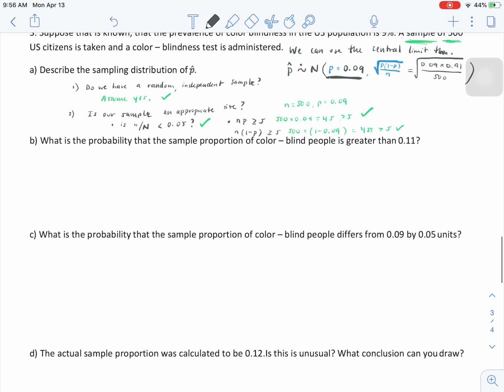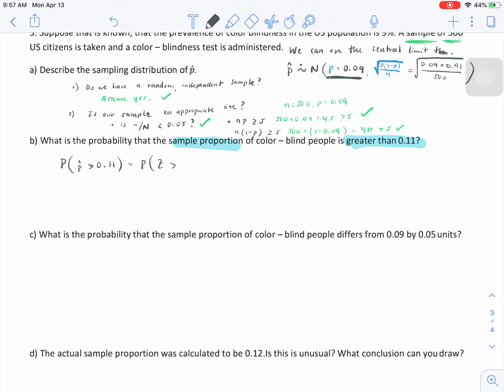Part B, now we can apply this. We want to find the probability that the sample proportion is greater than 0.11. So we want the probability that p hat is greater than 0.11. Since we know our sample proportion is normally distributed, we can convert this to a z-score.